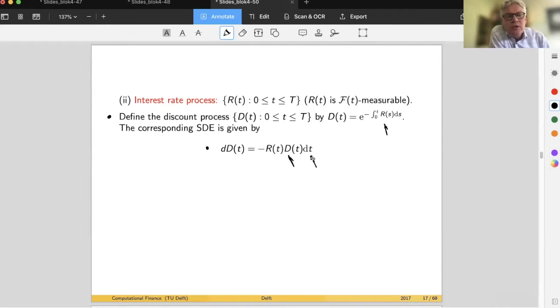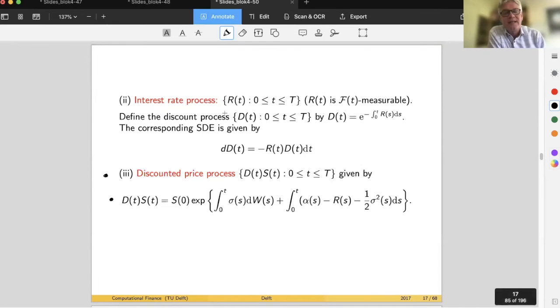So what we want to look at is the discounted stock price process. We would want to look at the stock price process as of today, and that is considering the discounted stock price process, D_t S_t.